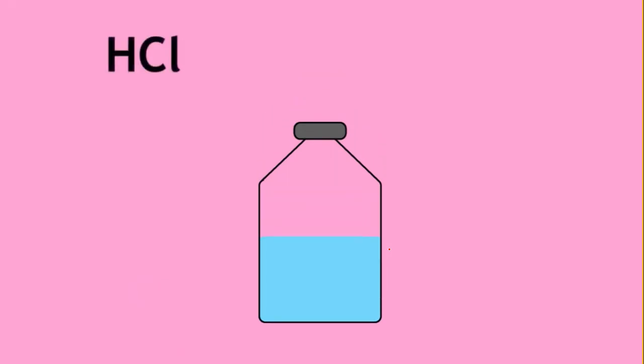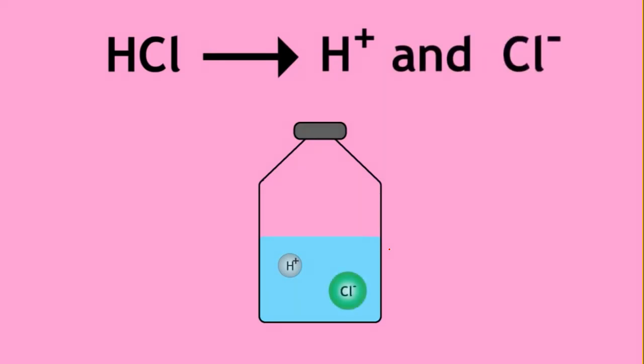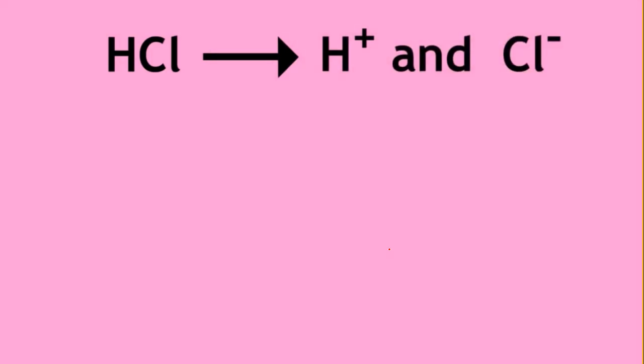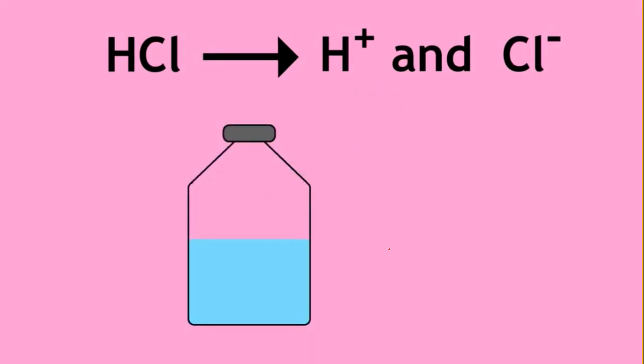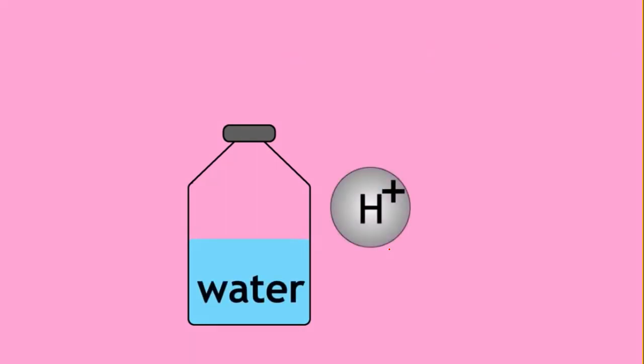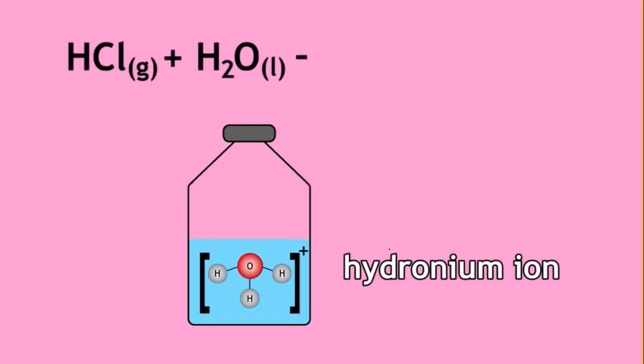Hydrogen chloride will dissociate to give a proton and a chloride ion. The proton is not just released, but it is transferred to another substance. For our example, water accepts the proton to form a hydronium ion.